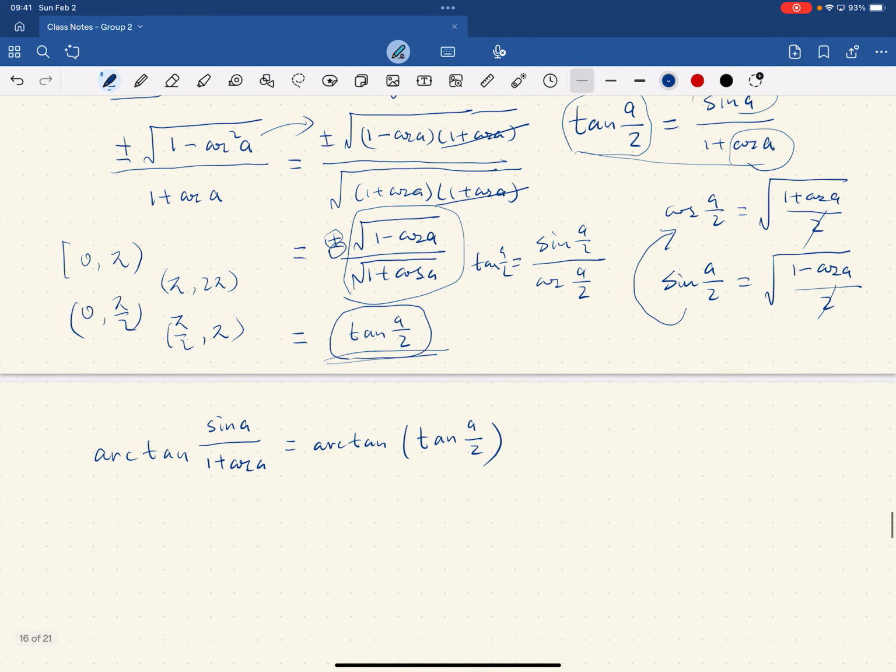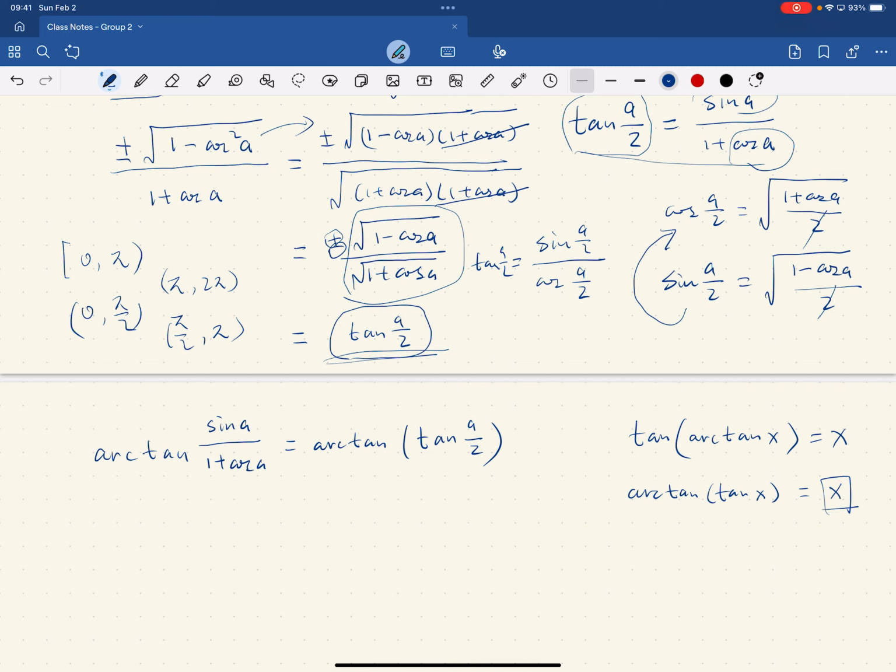Okay, so remember last time I said, whenever we have tan, arctan x, this just equals x, right? But when we have arctan tan x, this is not necessarily x, because arctan has values from negative pi over 2 to pi over 2, right?